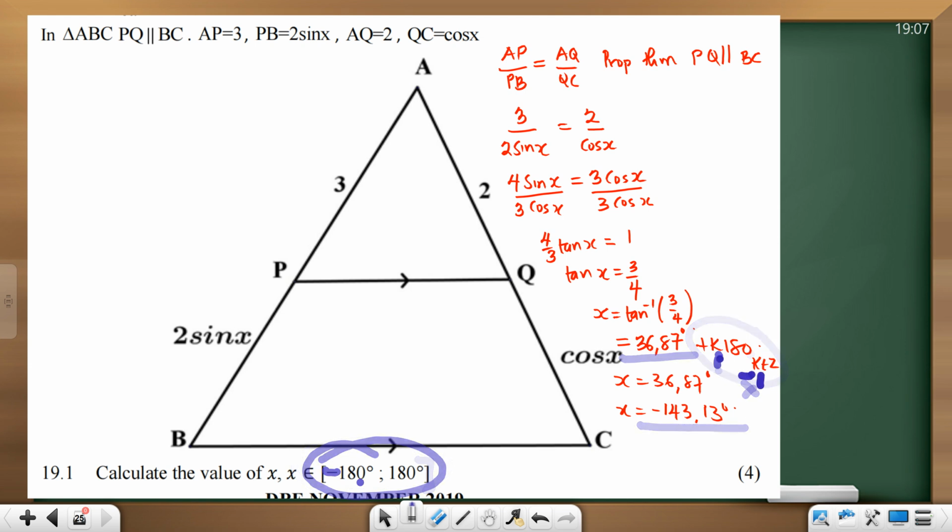Are we on the same page? Yes, sir. All right. So once I see my domain, I no longer leave my answer like that. I have to list these answers. The reason we use the word general solution is there are so many answers. It's too general. But once I give you a domain restriction, I want to restrict my answer.